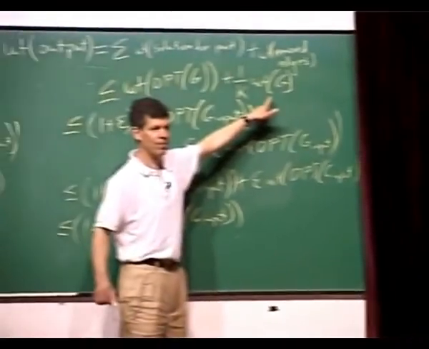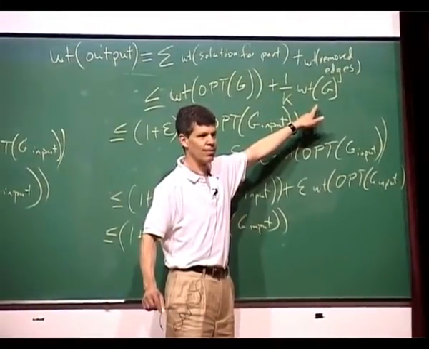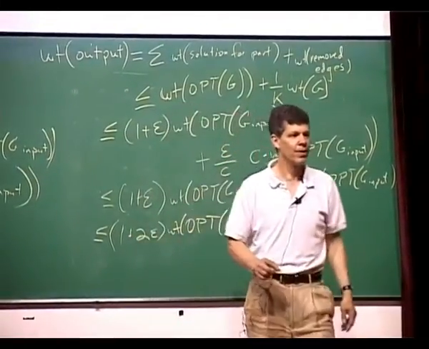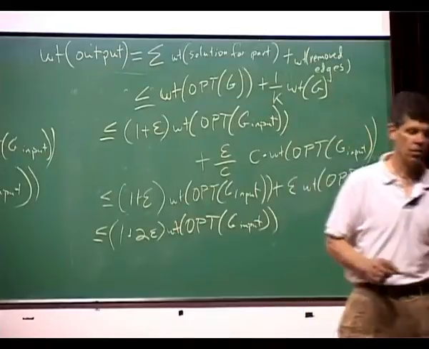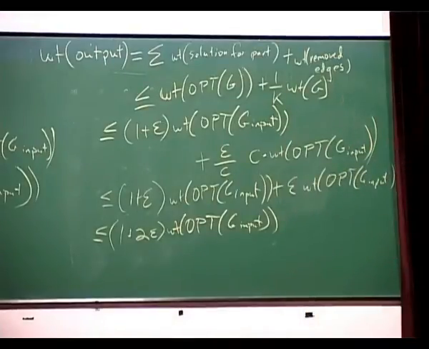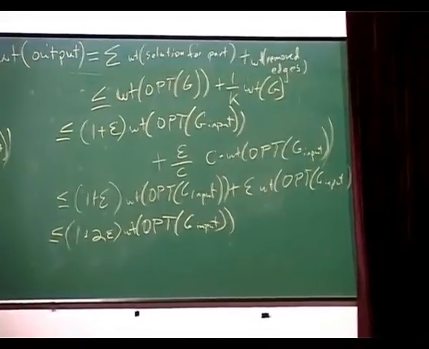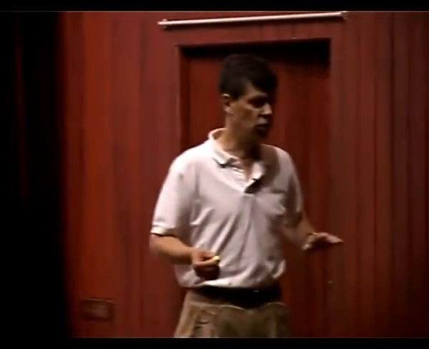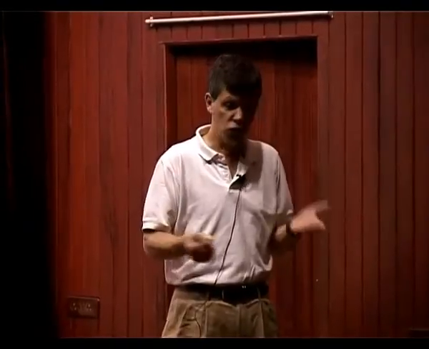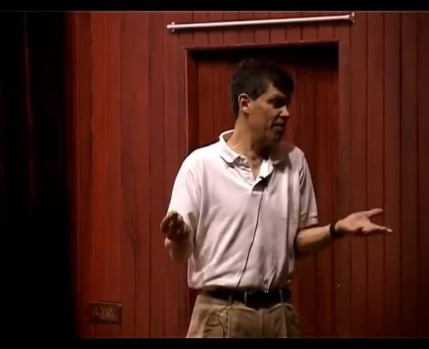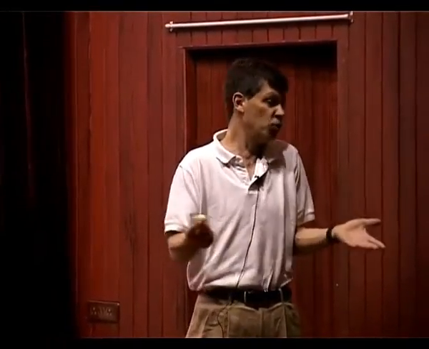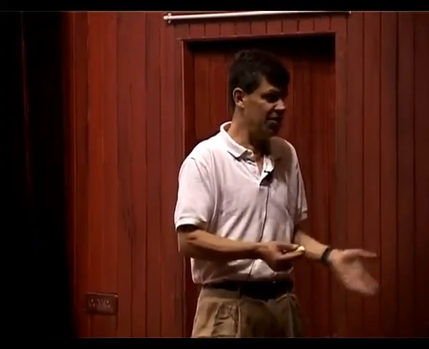There exists one i, but how sure are you that those crossed ones are the same as that i? Good question. We have k different decompositions. They're all disjoint with respect to the edges removed. You add up the weights, and the smallest one is guaranteed to be at most 1 over k.